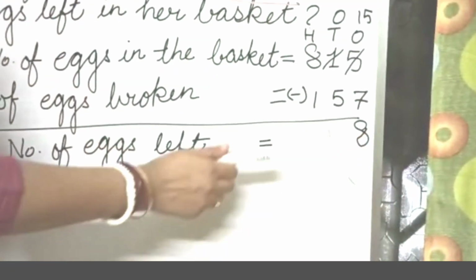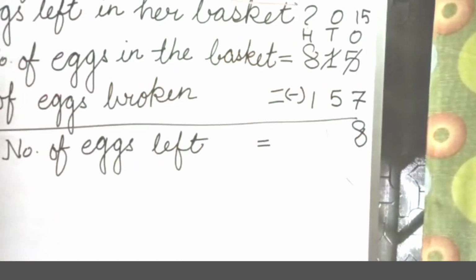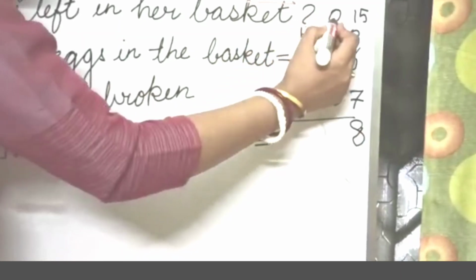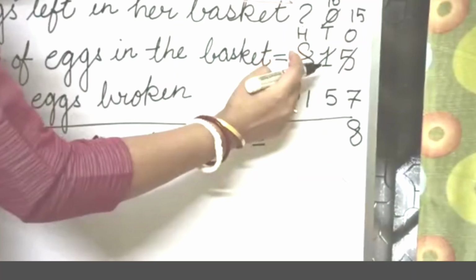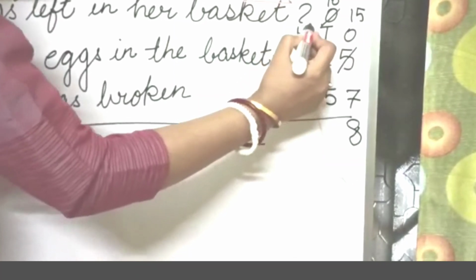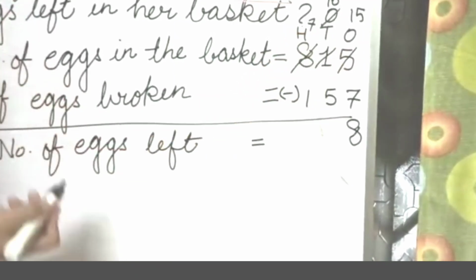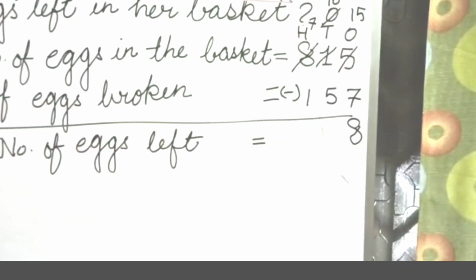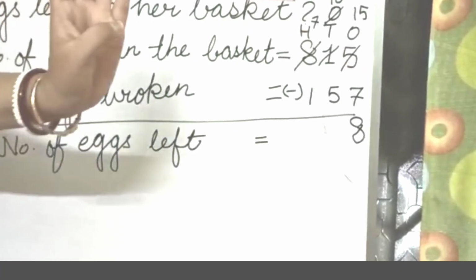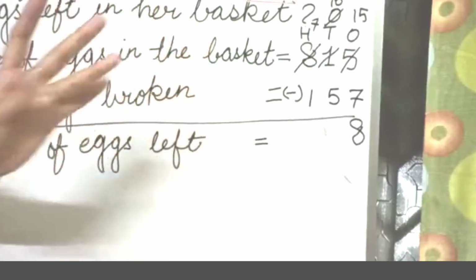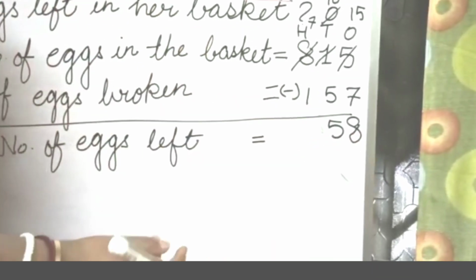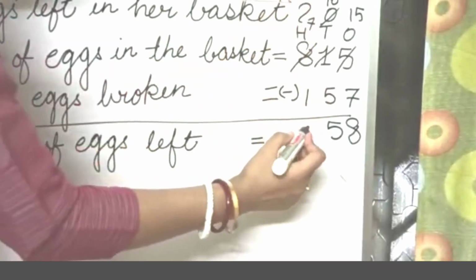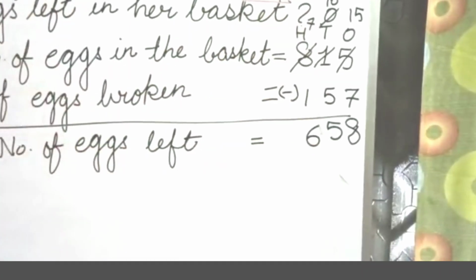Now, is it possible to subtract 5 from 0? Not possible. So again we will cut 0 and make it 10, and as we have borrowed 1 from the hundreds place, 8 will become 7. Now it's possible to subtract 5 from 10: 6, 7, 8, 9, 10. So 5. And if we subtract 1 from 7, then we get 6.